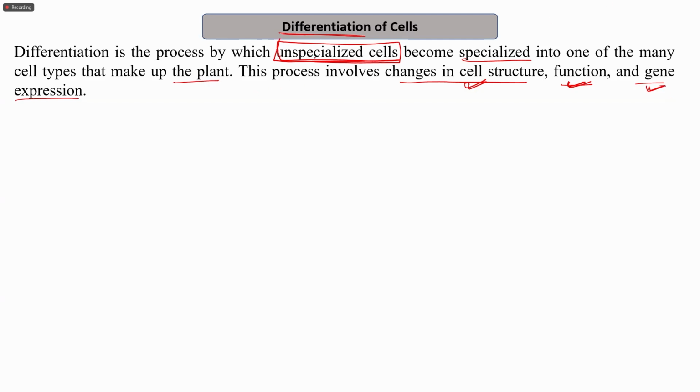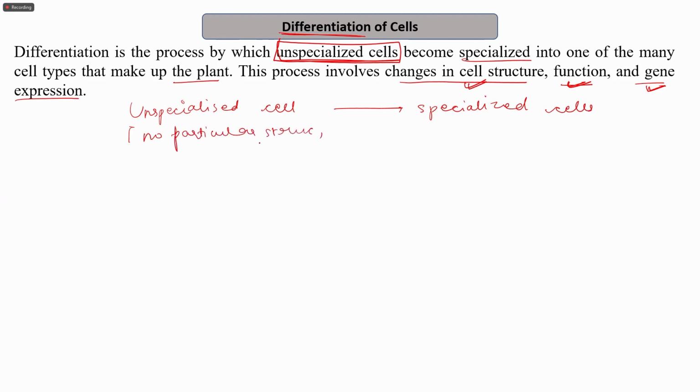So in this process, the unspecialized cells, which have no particular structure or function, undergo change to form the specialized cells, which have a particular change in cell structure, a particular function, and a particular gene expression pattern.